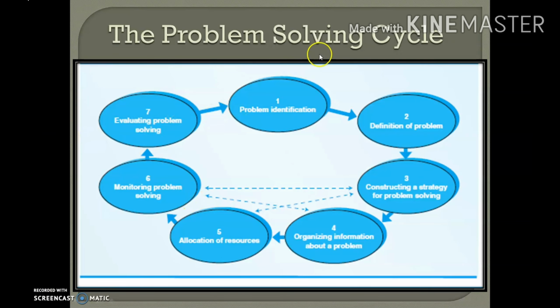So in problem solving, we have steps or a cycle to consider. First, problem identification. Do we actually have a problem? Second, definition of problem. What exactly is our problem? Then, strategy formulation. How can we solve the problem?